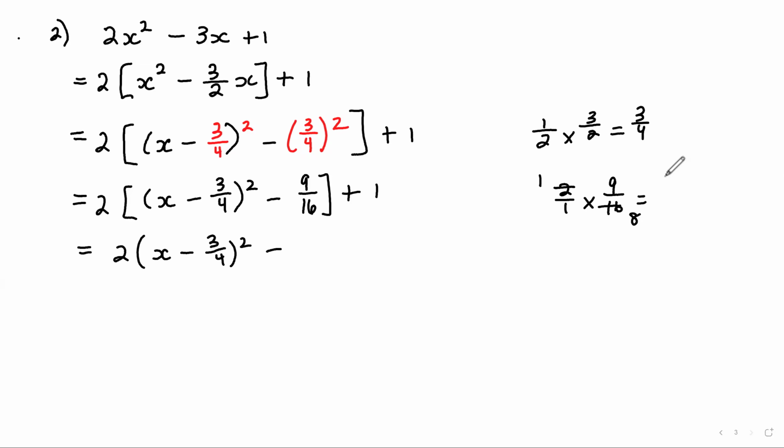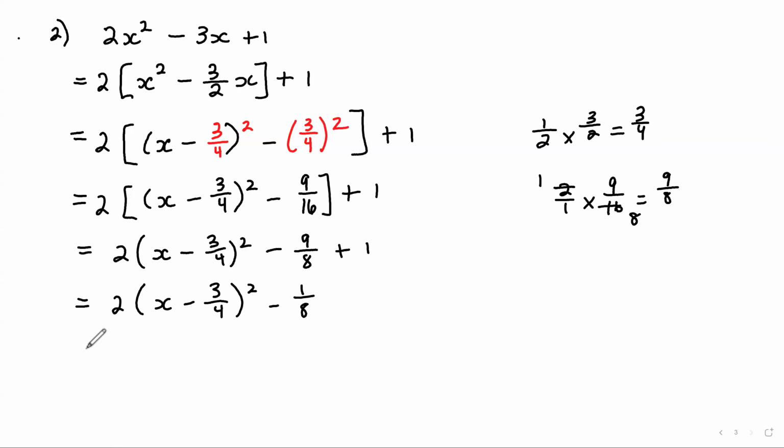So 1 times 9 is 9, 1 times 8 is 8. So this will be minus 9 over 8 plus 1. And then this would be 2 by x minus 3 over 4 squared. One takeaway, 9 over 8 is minus 1/8.